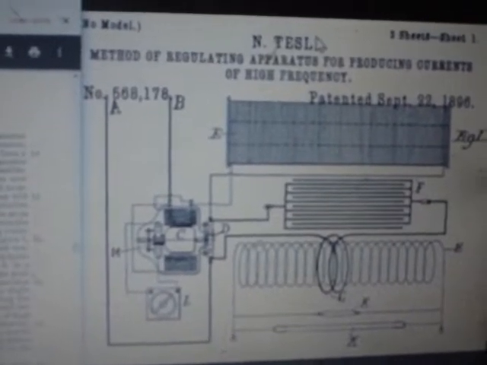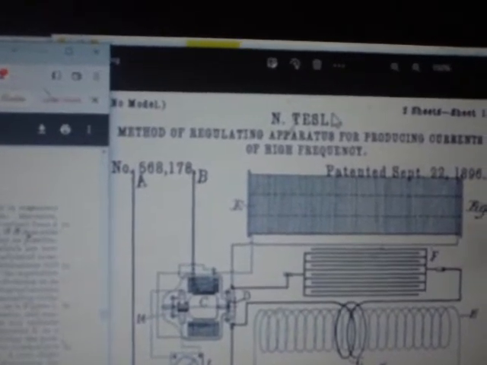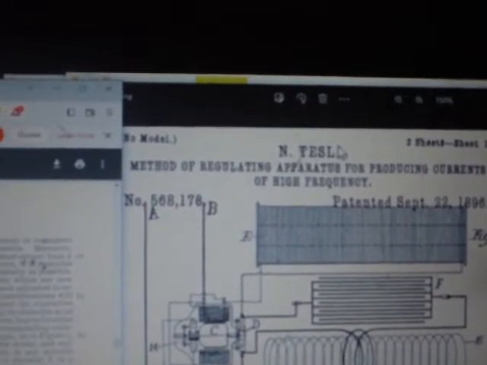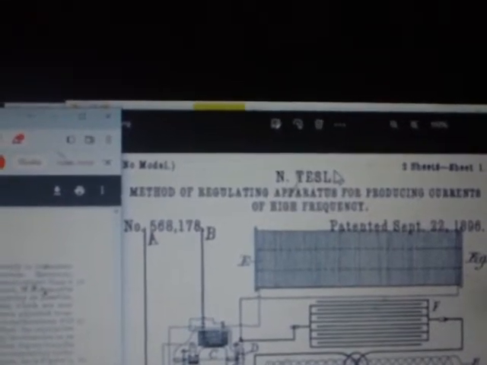So I may vary the speed of the motor by shifting the positions of the brushes, or with very slight variation in this respect by disturbing the relations between the rate of impressed impulses and the variations of the circuit of high self-induction to which they are directed, causes a marked departure from the condition of resonance and a corresponding reduction of the amount of energy delivered by the impressed impulses to the apparatus.